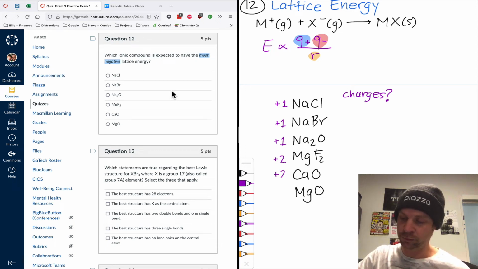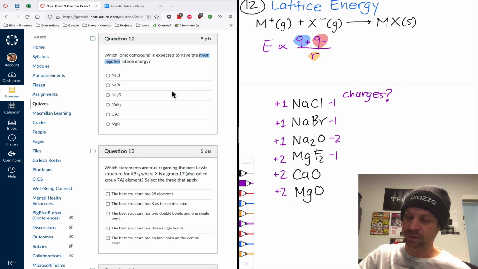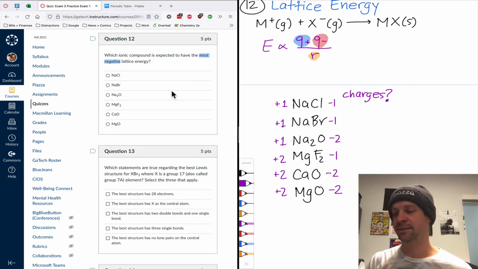Then +2, +2, and +2. And then on the anion side, we have -1, -1, -2, -1, -2, -2. If this is not something that you can do quickly, I would encourage you to make some notes on your crib sheet about how group number on the periodic table relates to the charge on the most stable monatomic cation or anion for a particular element.